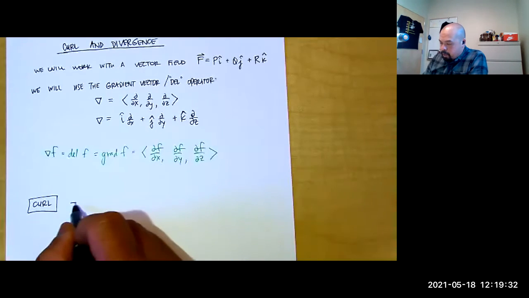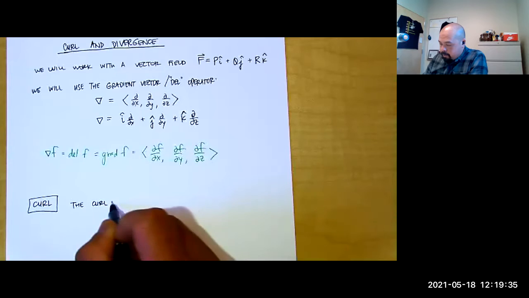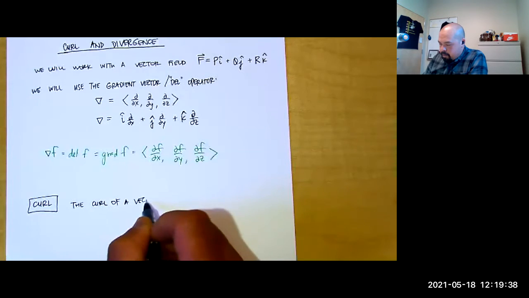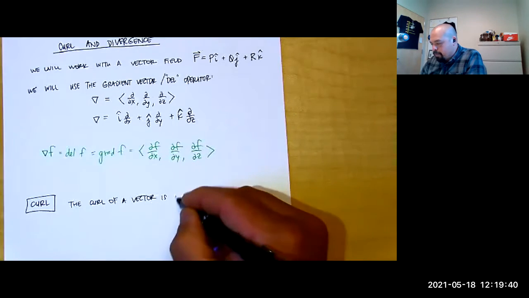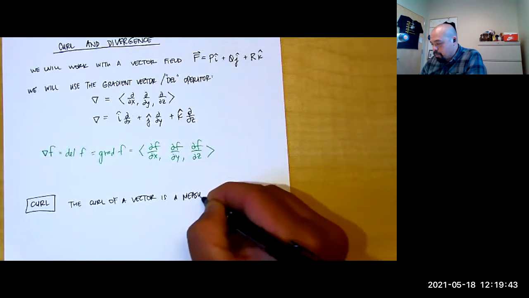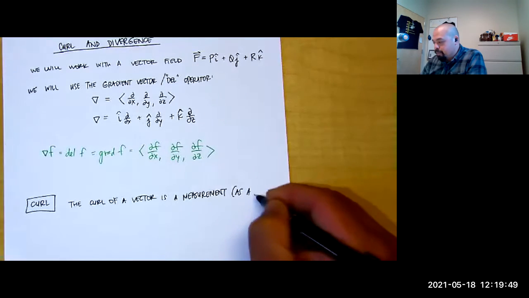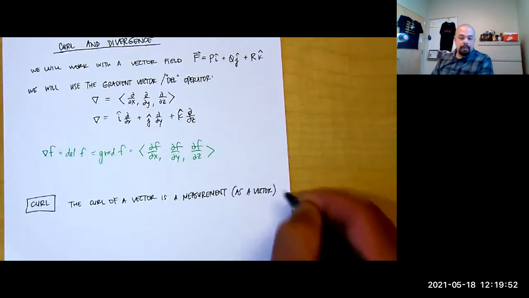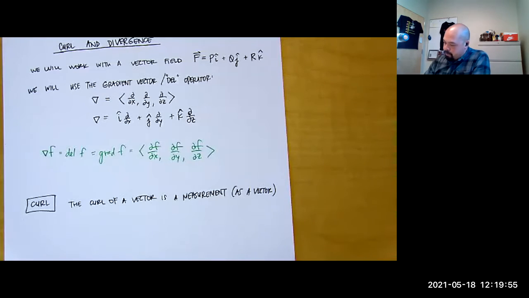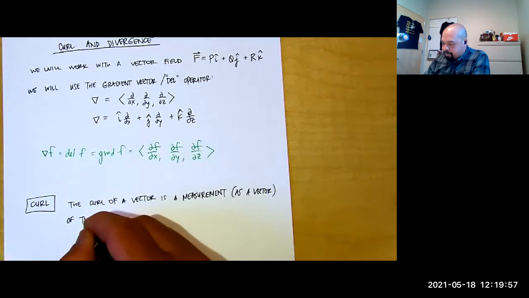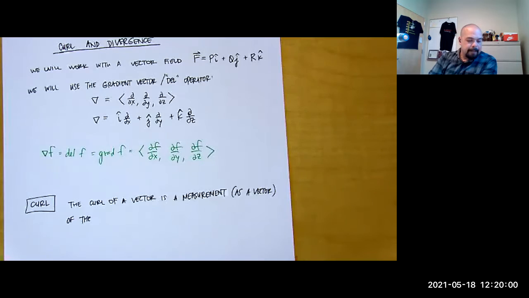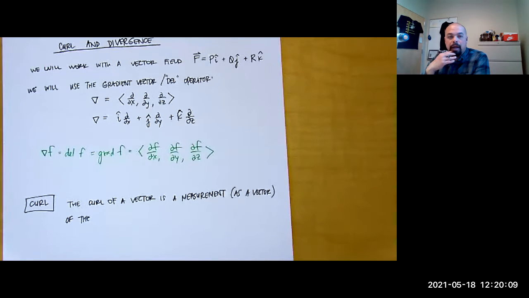And so the curl of a vector field is a measurement, as a vector result, of the rotation of particles around a point.